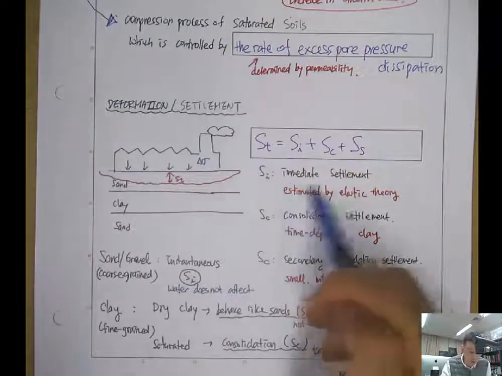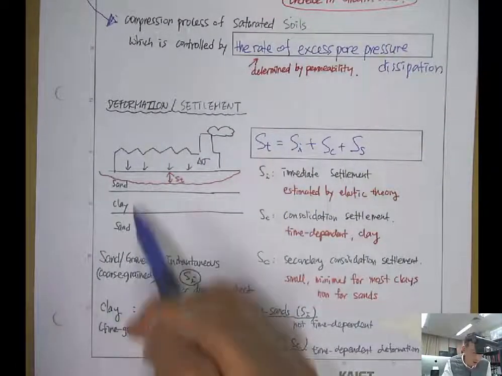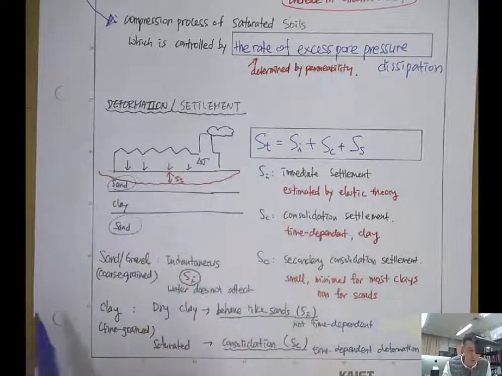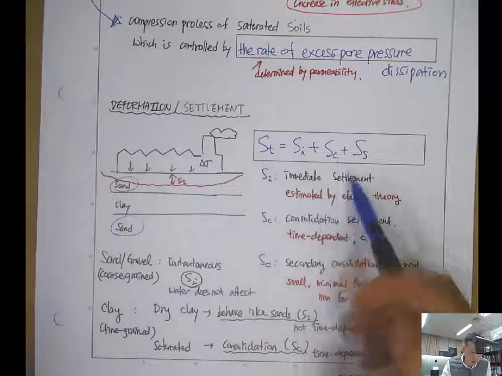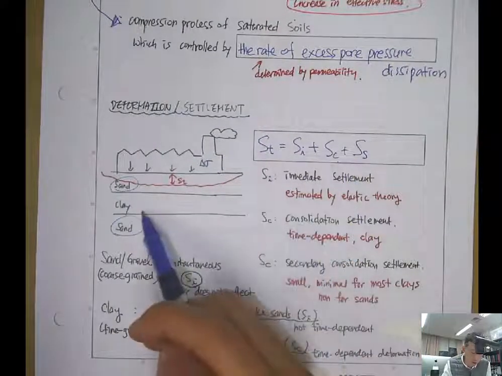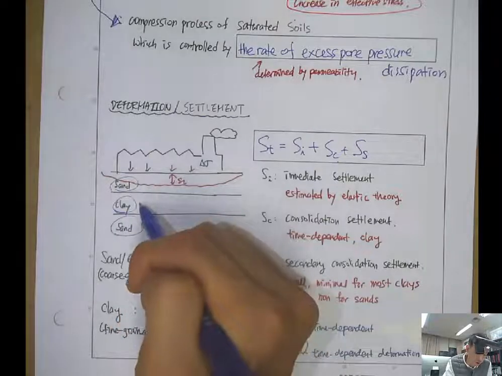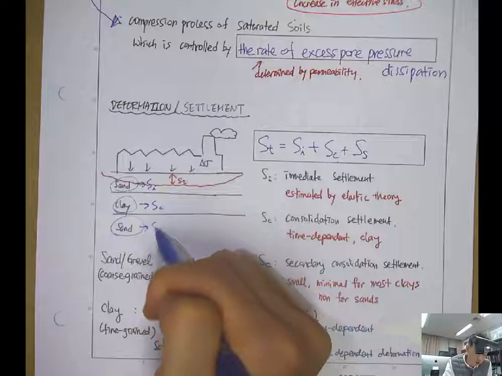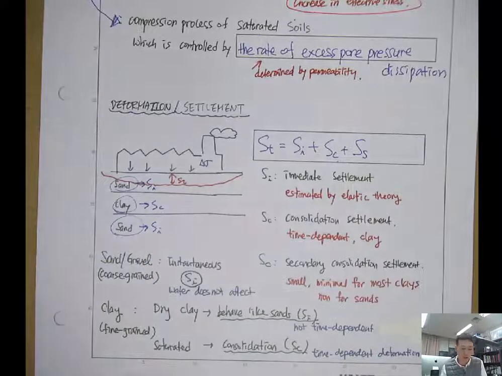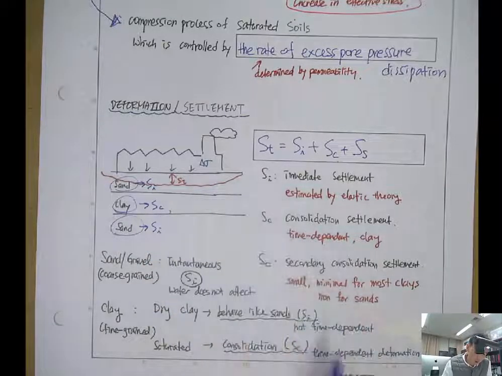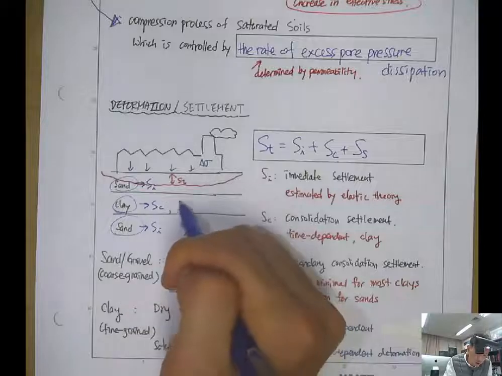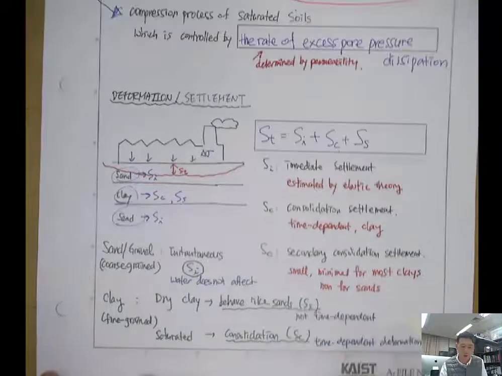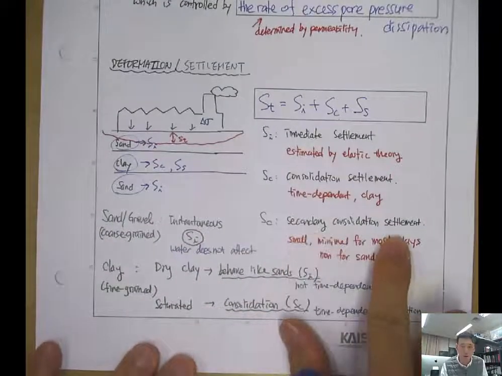Si is the immediate settlement in the sandy layer, and Sc is the consolidation settlement in clay. And also in the clay you have the secondary consolidation settlement.